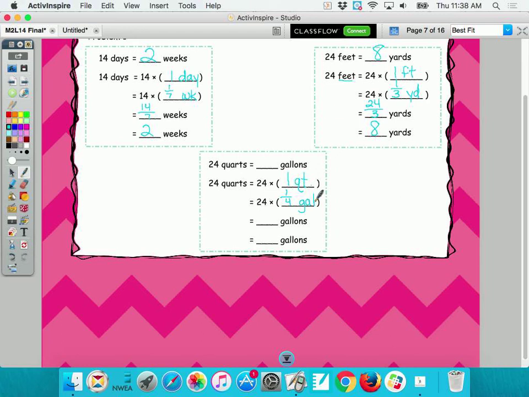And 24 copies of 1/4. What fraction do I have? 24 fourths. 24 divided by 4 equals 6. All right. So how you doing? Pretty fun, isn't it? Let's go on.